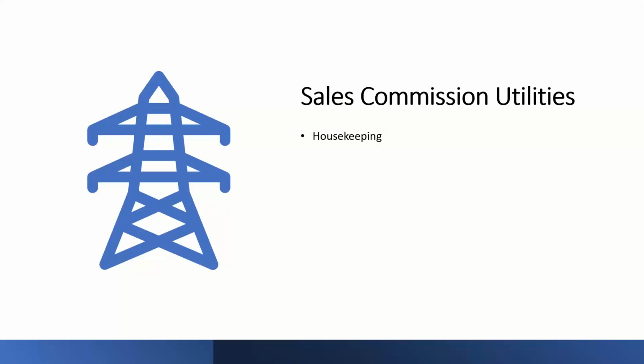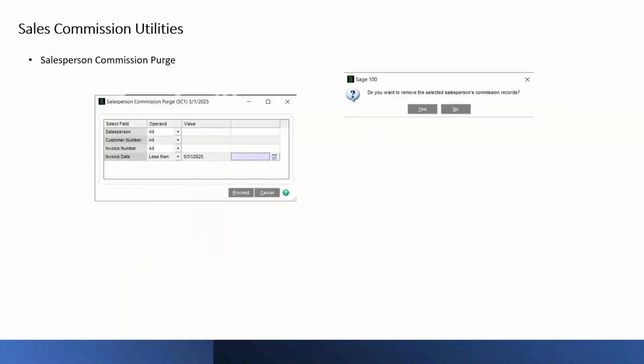All right. That just brings us to our utilities, the place where we're basically going to do our housekeeping. To begin with, once we've updated our commissions at the end of the month, those salespeople that we've updated, their data is still going to be sitting out there under sales commission edit.